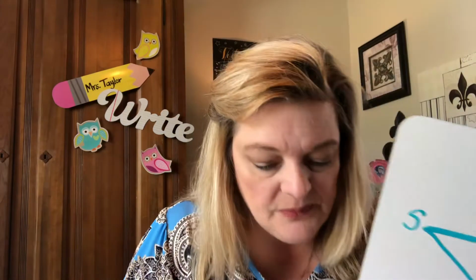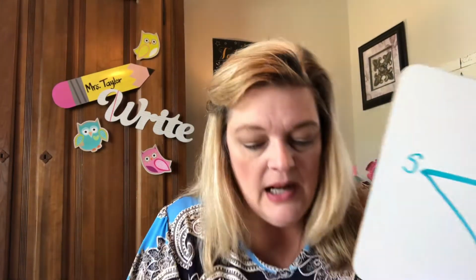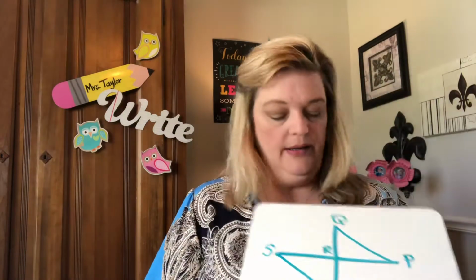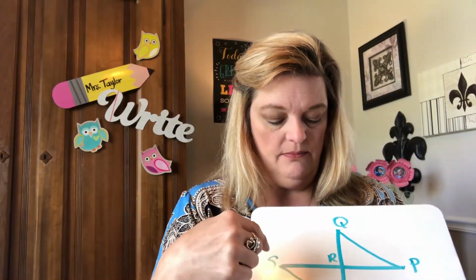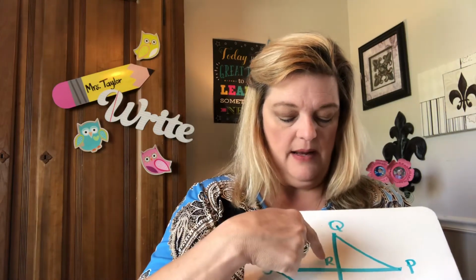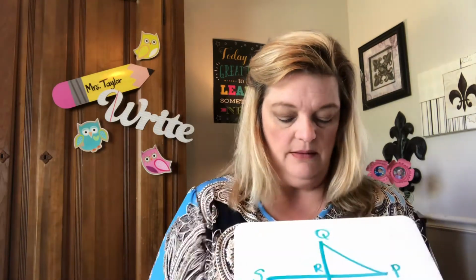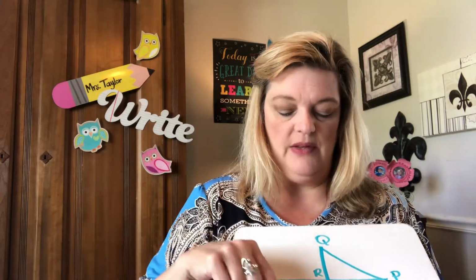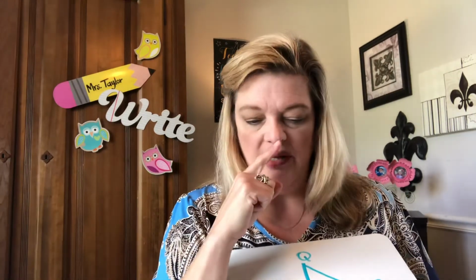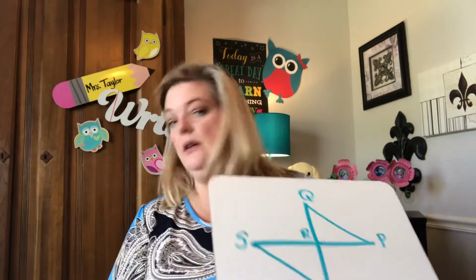All right, so if I have STR and then I have RQP, you might think that you flip it or that it's the reflection, but I could rotate it. Let's see here. Got that.